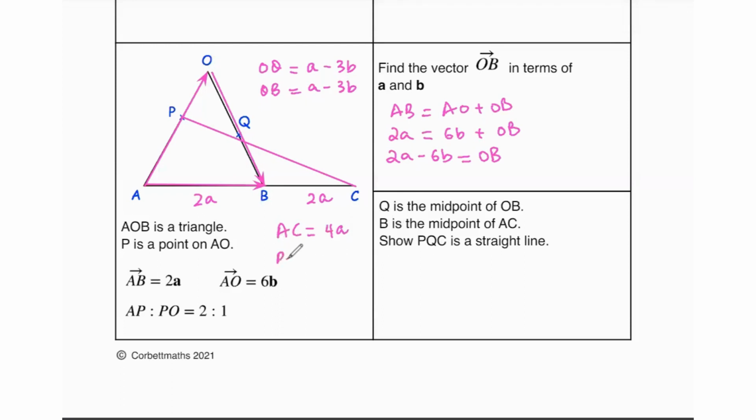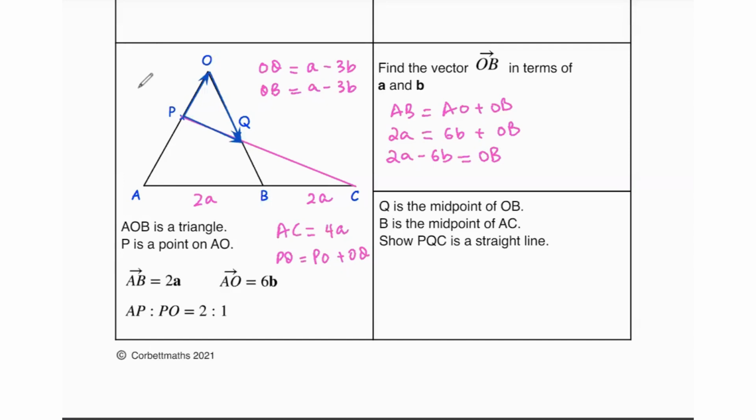Now PQ is going to be PO plus OQ. So let me just erase this. We're going to use this part. PO plus OQ to get PQ. So for that, what we will do is, they've told us that AP is to PO is 2:1.